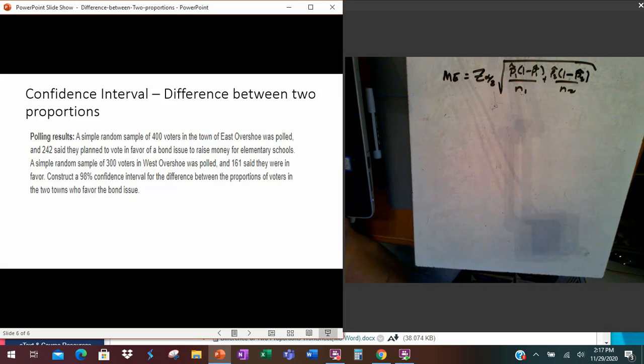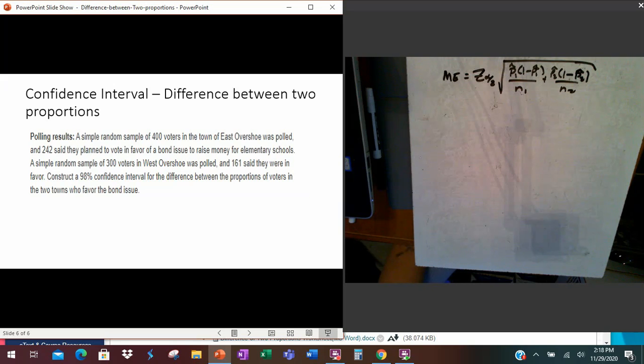Okay, so now that we've got that, let's go through and build one of these. The polling results: a simple random sample of 400 voters in the town of East Overshoe was polled, and 242 said they plan to vote in favor of a bond issue to raise money for elementary schools. A simple random sample of 300 voters in West Overshoe was polled, and 161 said they were in favor.